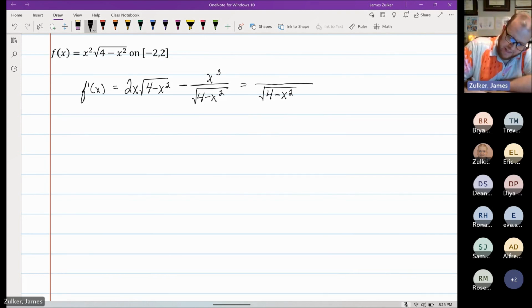And it looks like we're going to have in the numerator 8x minus 3x cubed. Yes.